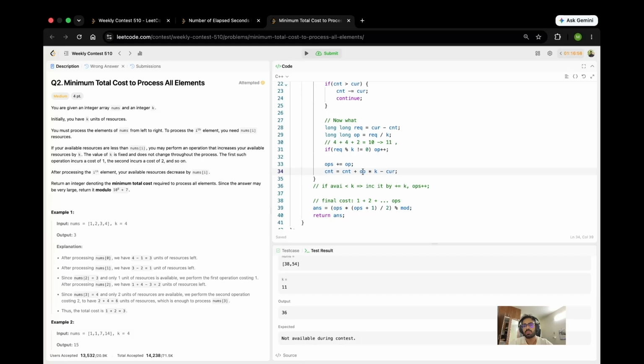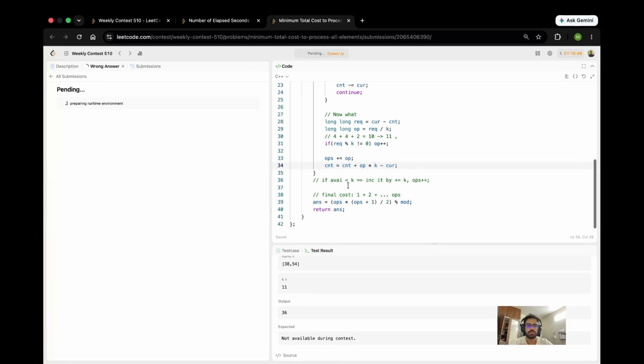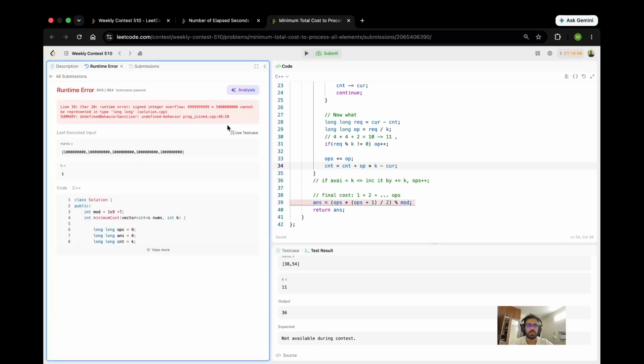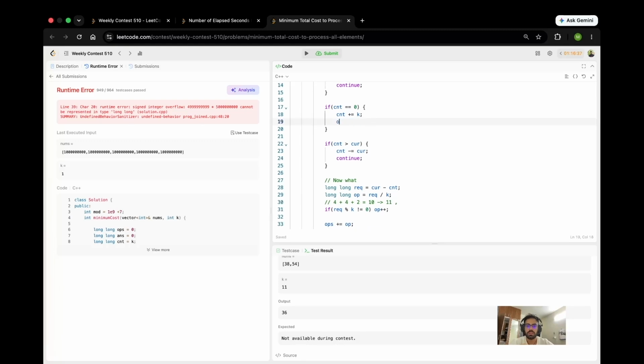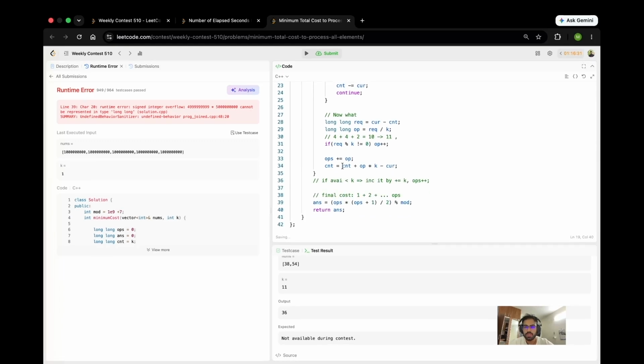Now I think we have to do modulus. We'll try hit submit. Integer overflow. This we cannot do simply, right? So operation equals to, oops, plus 1 mod is small. This is fine, right?